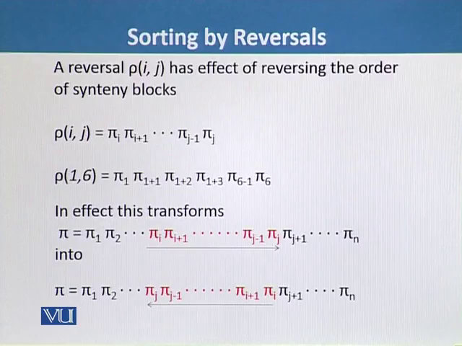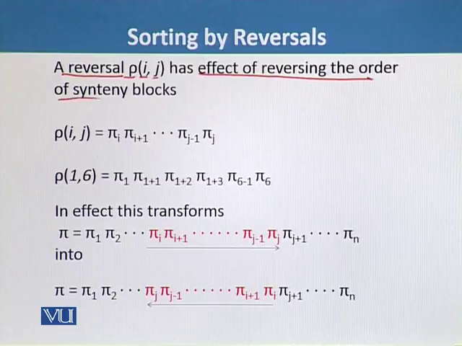In this slide we will see that a reversal means that we change the order of the integers or syntenies. If we assume the reversal as rho(i, j), with two integers i and j, it has the effect of reversing the order of synteny blocks, as we have already seen.